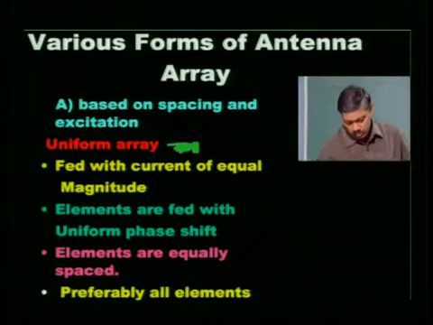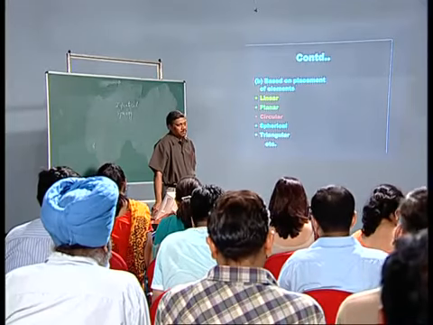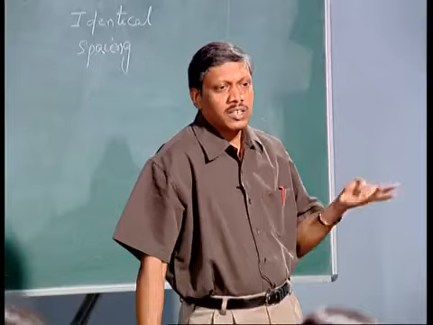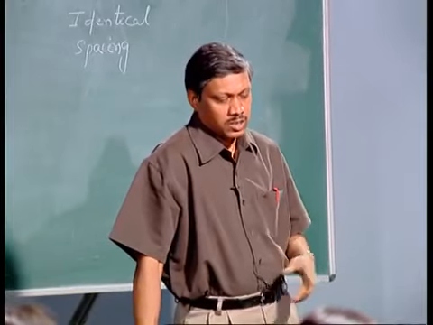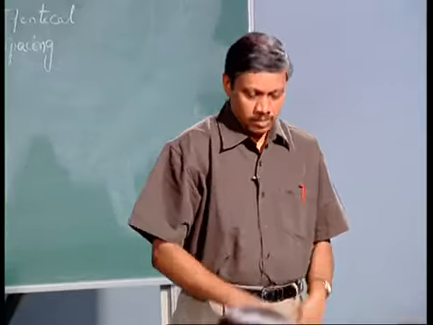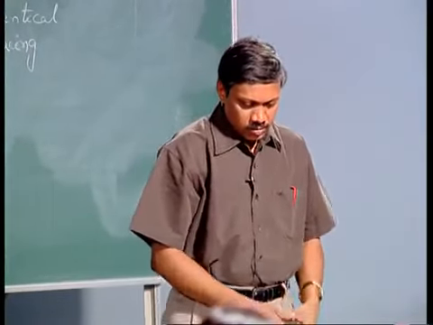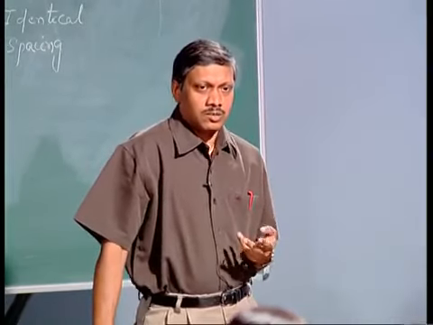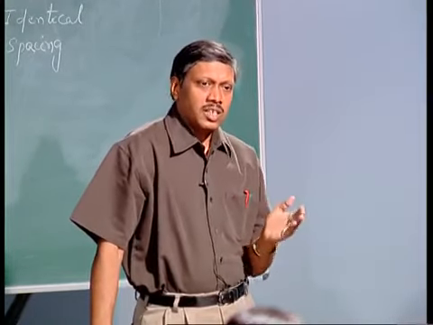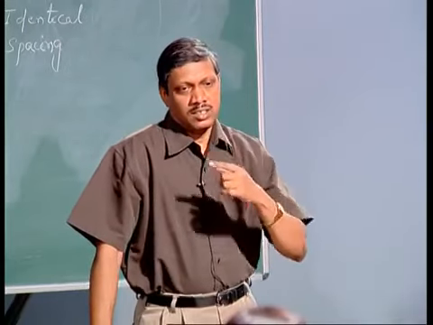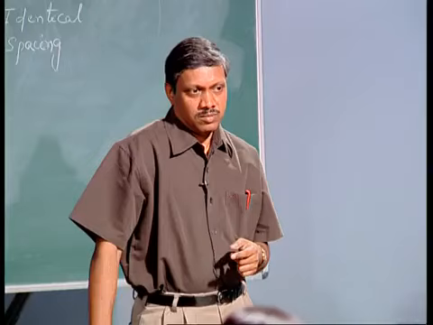Again, for the placement of the array, you will come across linear and planar, which I have already explained, so we can skip this because this is the placement of the antenna array. Then coming to the space parameters discussion: based on the space parameters, how are you going to define the antenna array?